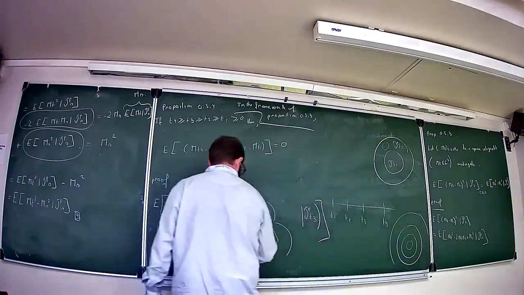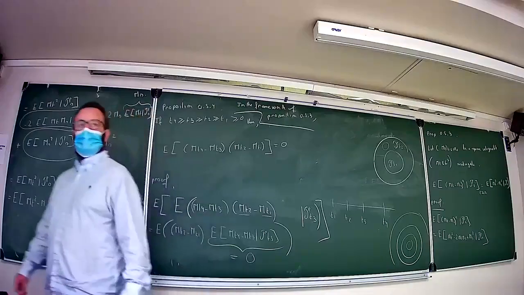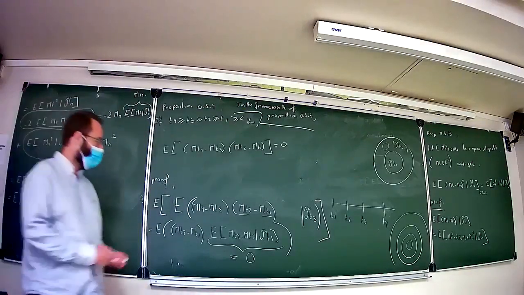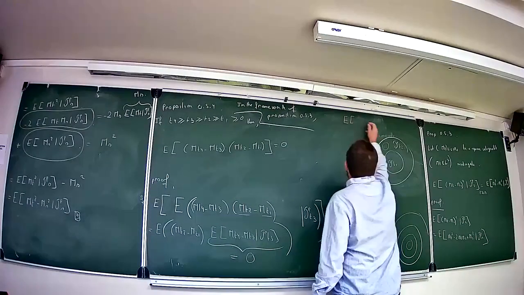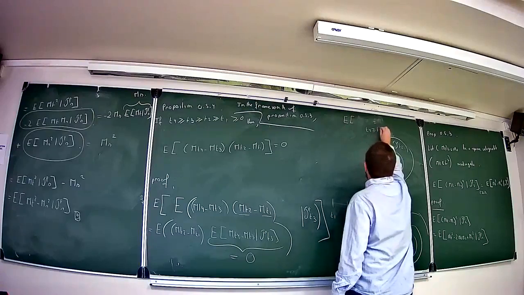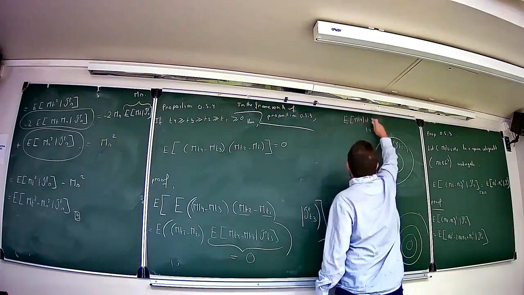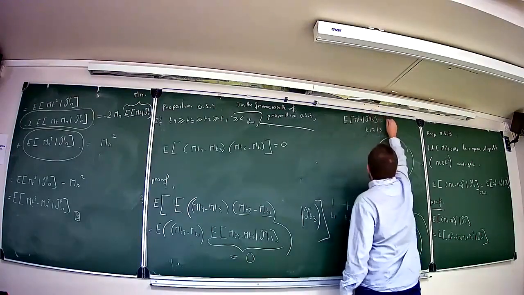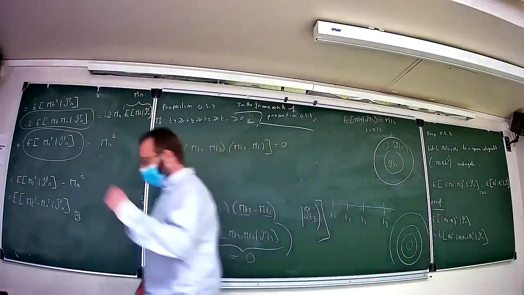So this term is 0, and you have exactly what you want. If I come back to the definition, T4 is greater than T3, so the conditional expectation of MT4 given FT3 is equal to MT3.